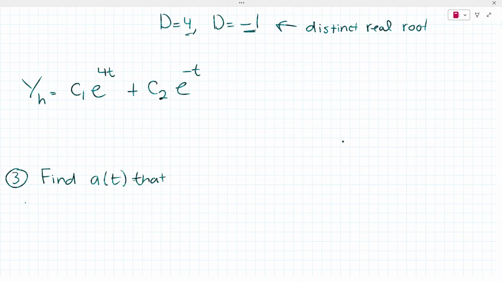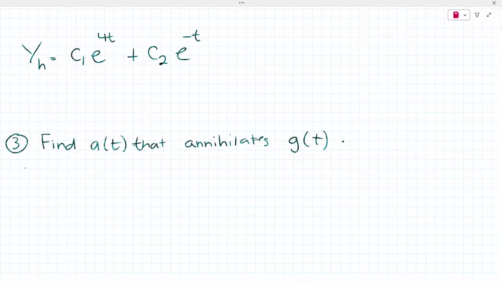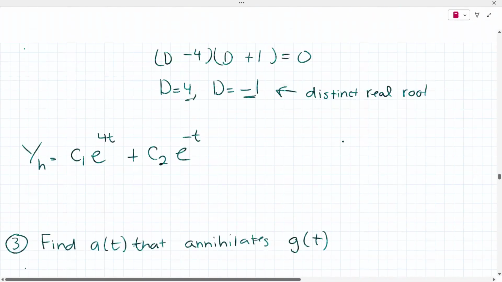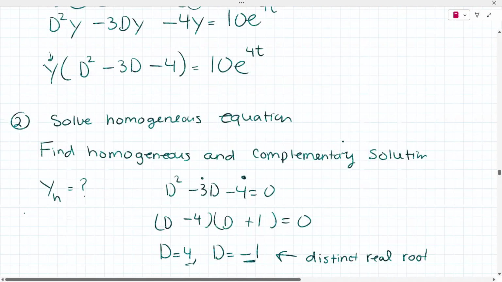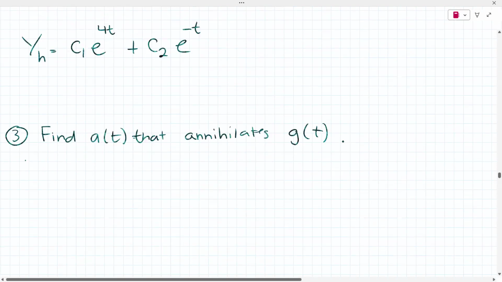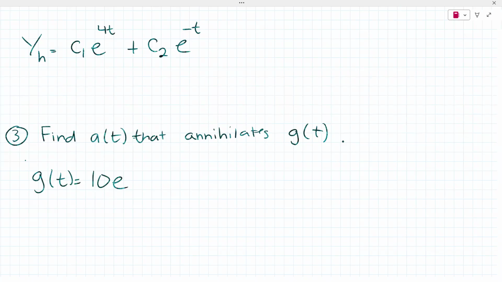So we know that g(t) is the right side, or our g(t) is 10e to the 4t. And we know this is an exponential function.